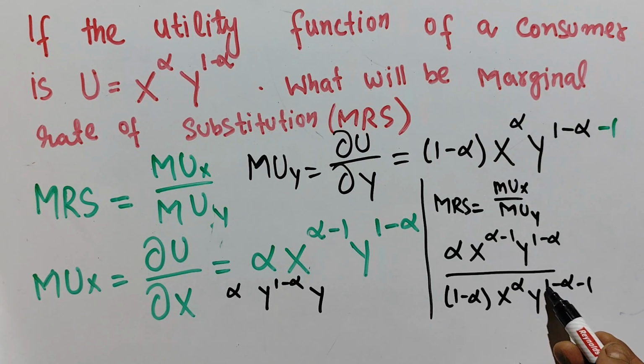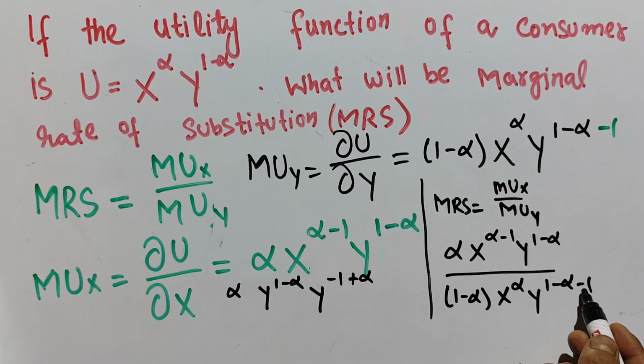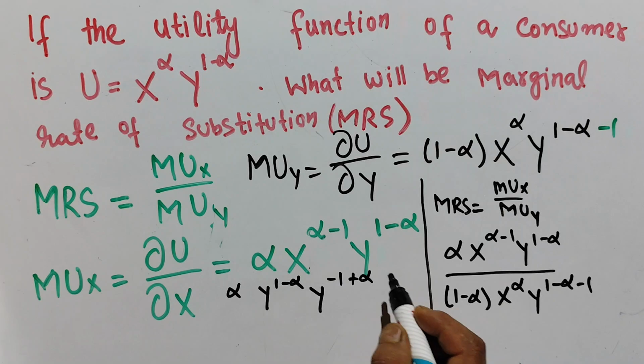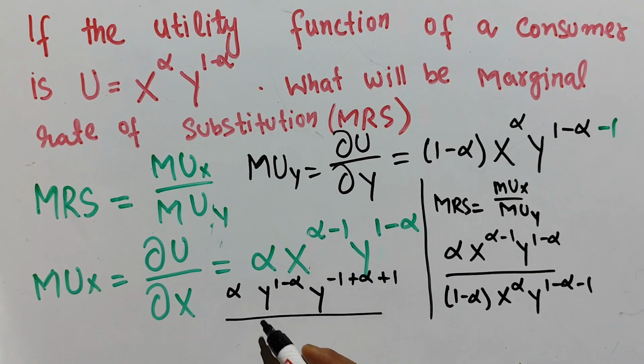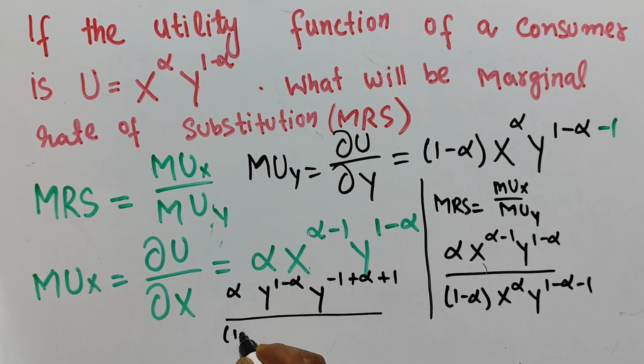So if it is plus 1 it becomes minus 1, if it is minus alpha it becomes plus alpha, and if it is minus 1 it becomes plus 1. By the same logic we have here 1 minus alpha, then x raised to the power alpha; transposing this term it will get multiplied but its exponent sign will change, so we have x raised to the power minus alpha plus 1.